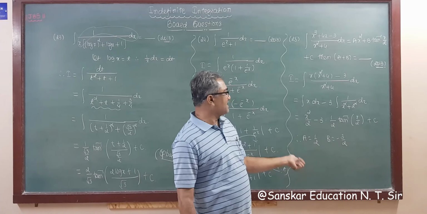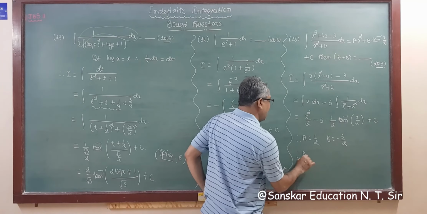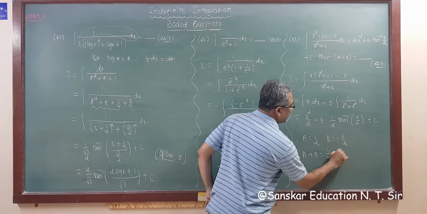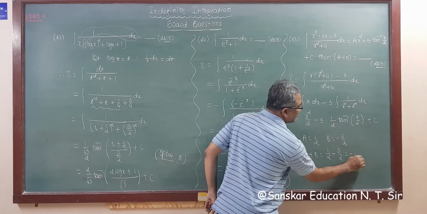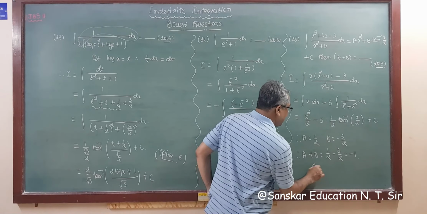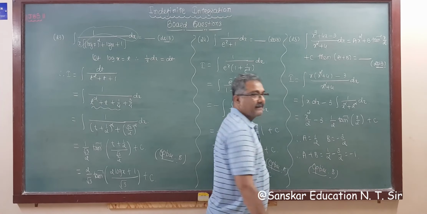Then what is a plus b? So the addition of this is minus 1, right? So a plus b is equal to half minus 3 by 2, that is minus 1. So minus 1 is your option number B. So option B is your correct answer, right?